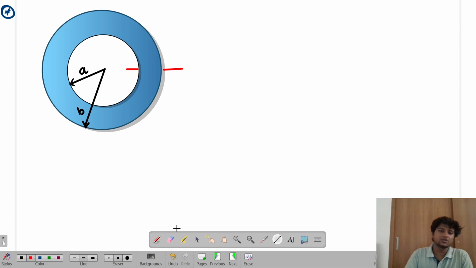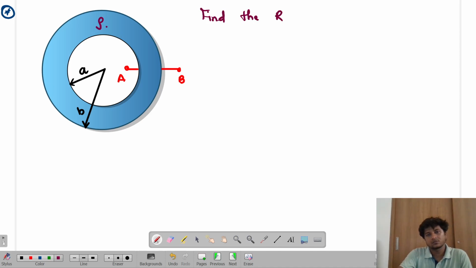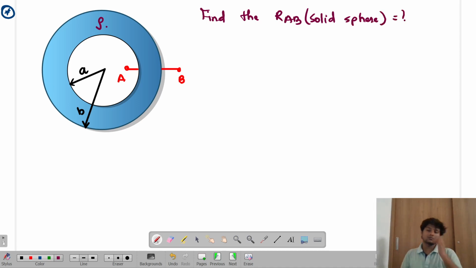connected, one as outer layer of the solid sphere and one inner layer of the solid sphere. Find the resistance between point A and B. If this solid sphere is of resistivity rho, ठीक है?